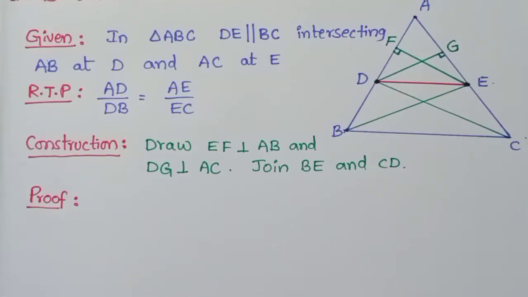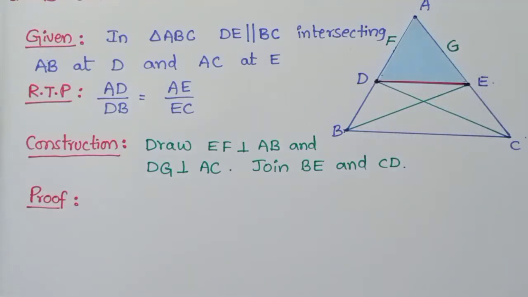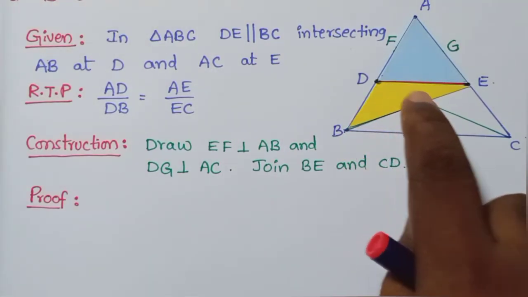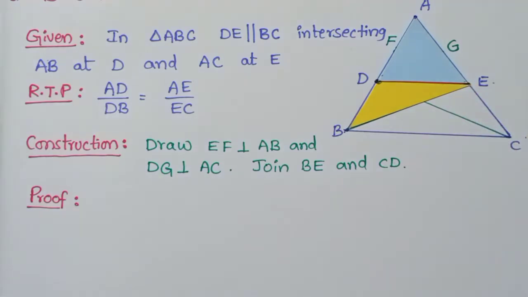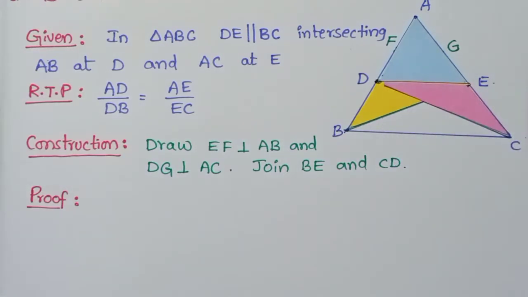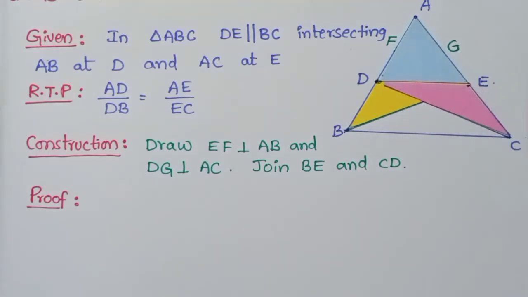Now let us move to the proof of this theorem. For that, you have to consider three triangles in this diagram. The first one is triangle ADE. Second one is triangle BDE. And the third triangle is CDE.